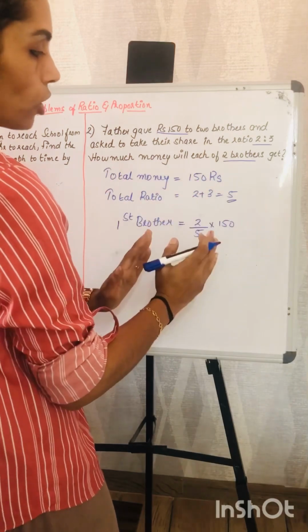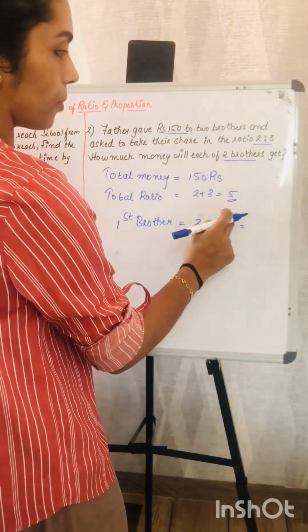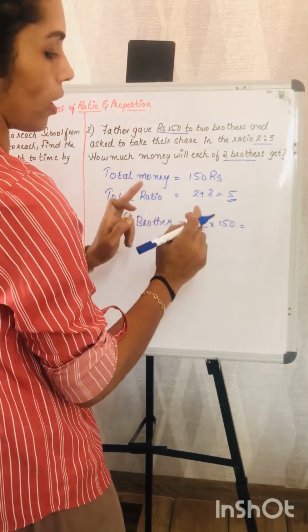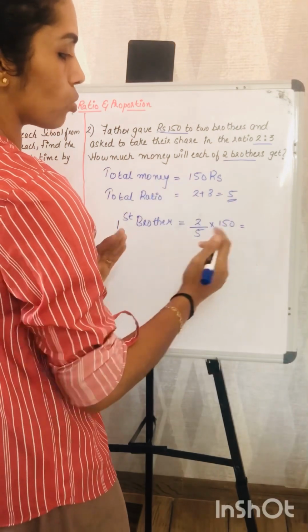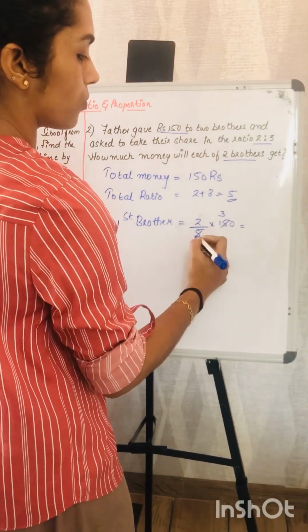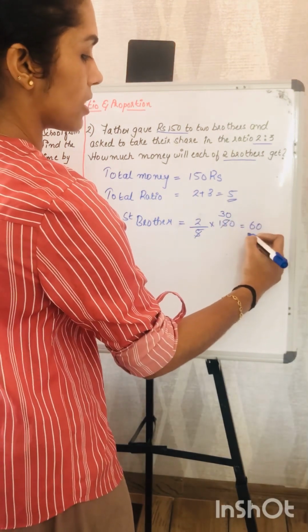So this is what you have to solve particularly. That is, from the total money, the first brother got out of 5, 2 parts. So when we calculate this one, we will get the amount. That is 5 what? 3. 5 3s are 15, right? So 30, that is 60.